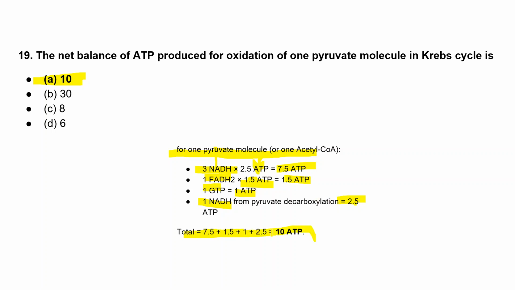From one pyruvate, that is from one acetyl coenzyme A, 10 ATP are formed. Remember this: 3 NADH, 1 FADH2, and 1 GTP.